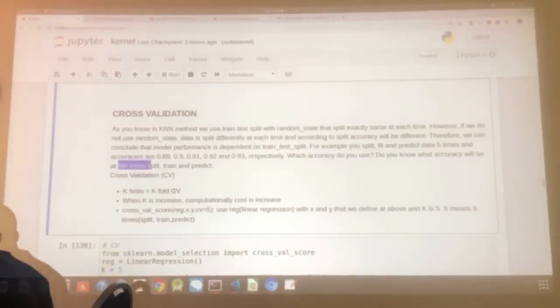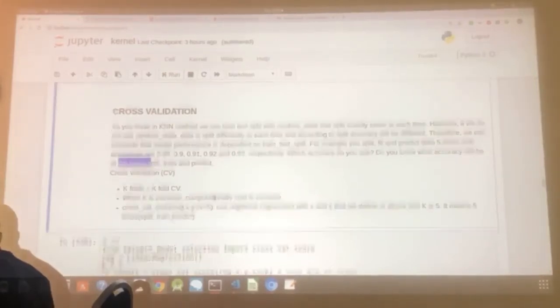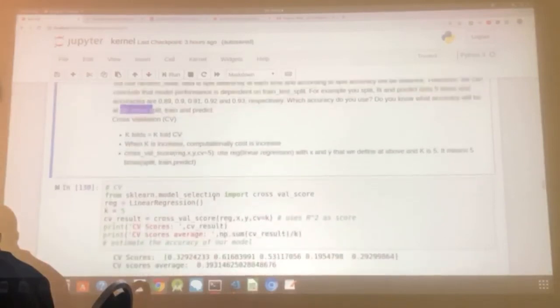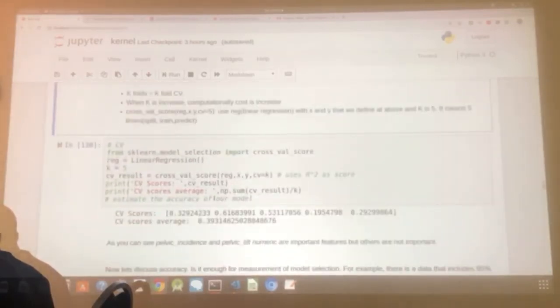So k is the number of folds. When k increases, this is computationally costly, so it will take some time to run. Here's something quite interesting when we run the cross-validation for our linear model. Splitting it 5 times, we get different scores, where our score was the R squared.